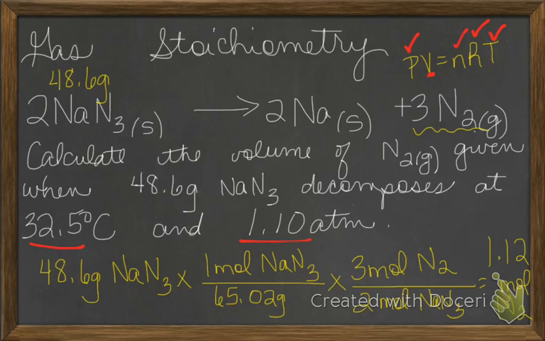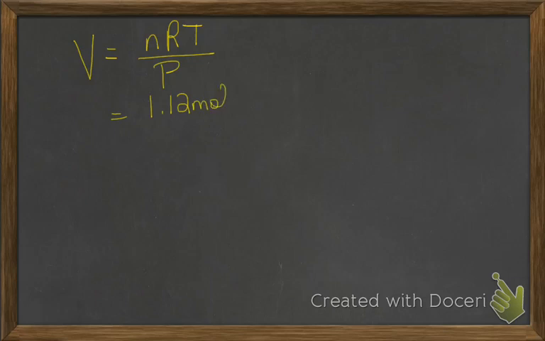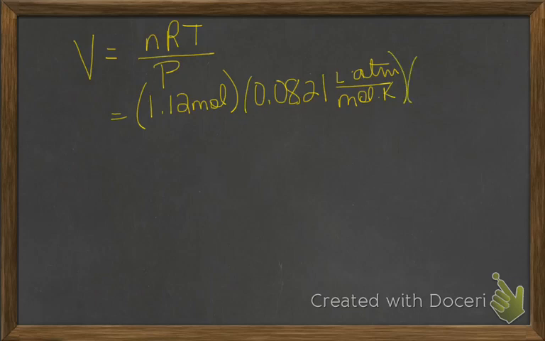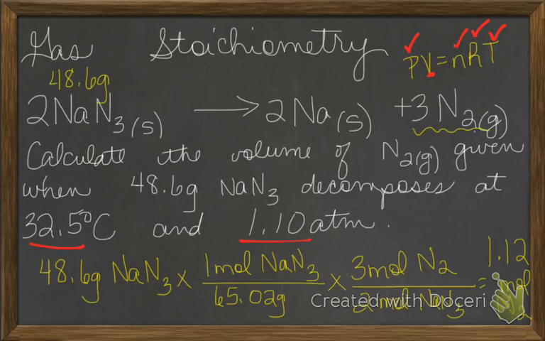And so now I have my moles for this equation. I can just solve for V. And V is going to be equal to nRT over P. I just calculated my moles. It's 1.12 moles. R is 0.0821 liters atmospheres per mole times Kelvin. The temperature that I'm running this at is 32.5 degrees Celsius.